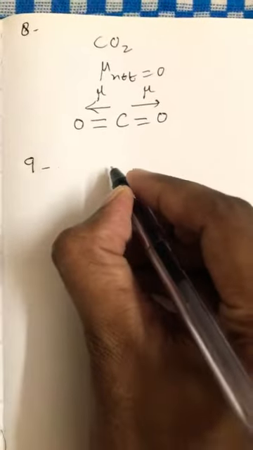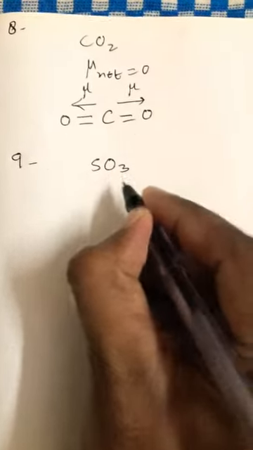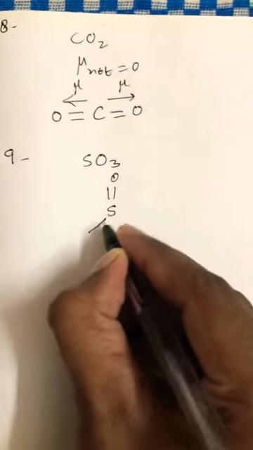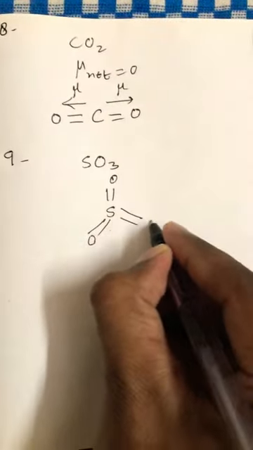Question number 9. SO3 is non-linear molecule because it is trigonal planar.